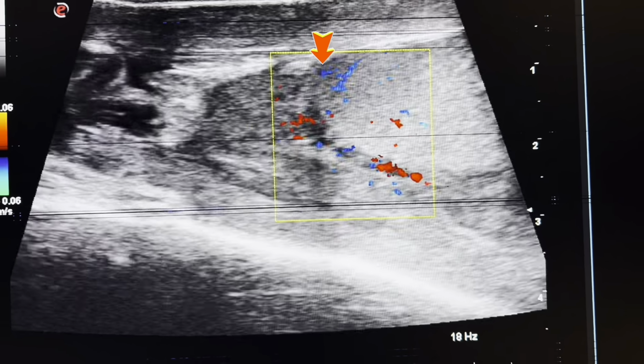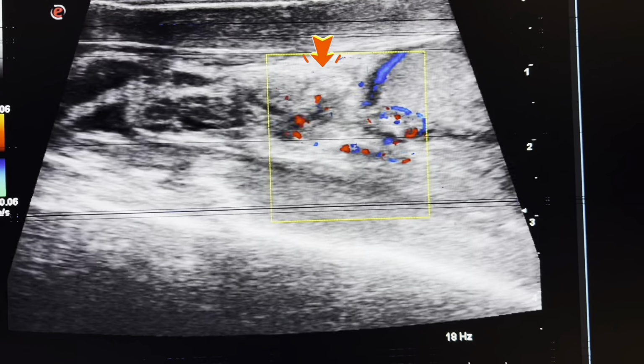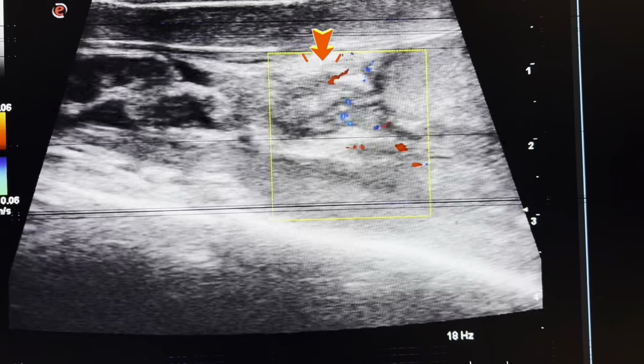Here we also see the flow is increased at the epididymis and around the spermatic cord.